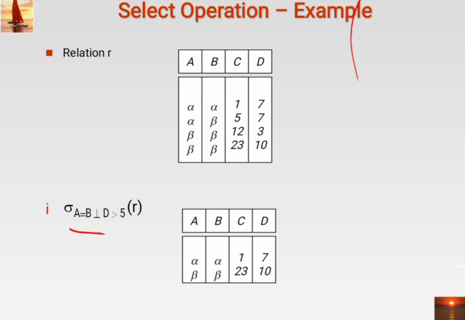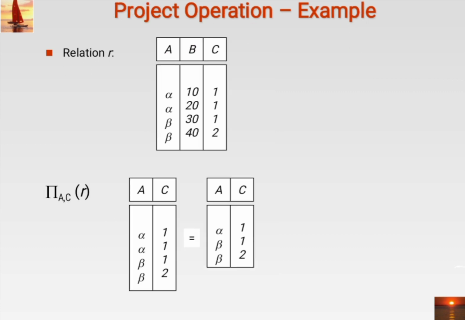So directly you can see I have selected A equals B, on this particular column, only those tuples where A is equal to B. But whenever I am projecting A comma C, then these two full columns are projected together, right?